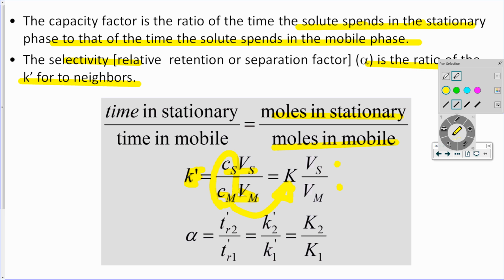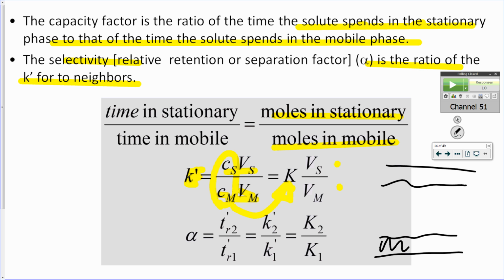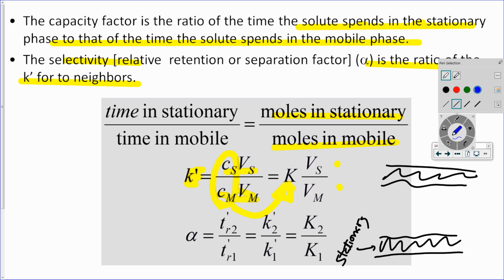Imagine a column with a thin wall phase. If I have a phase that's this thick, this represents my stationary phase, and I've got my solute moving down this column.